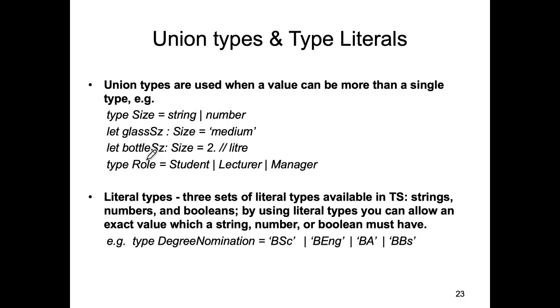Another example of a union type: let's say I've got a type called role, and I'm saying it could be a student type, a lecturer type, or a manager type, assuming I've declared these other types somewhere else in my code base. And you can mix and match. This might be declared using the interface data type syntax. This could be declared using a type alias.